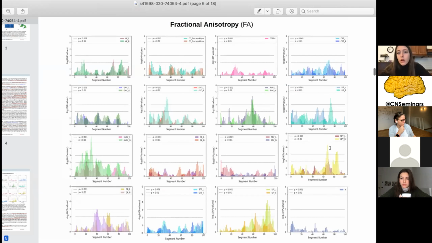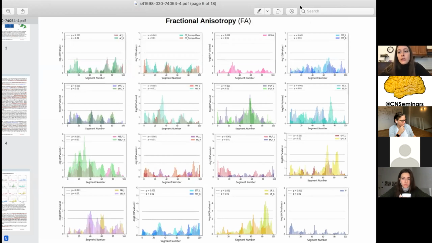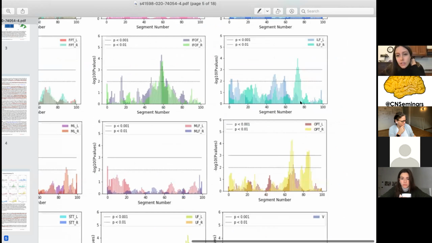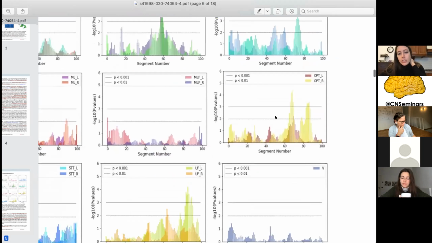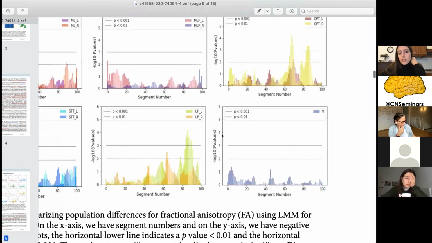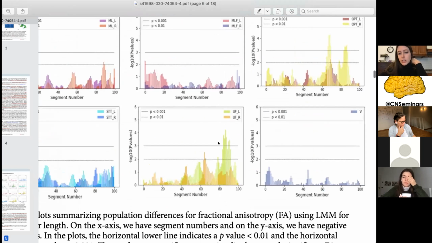For example, in the inferior longitudinal fasciculus, the two groups differ significantly in this range of nodes, for example, I don't know, it would be 75 to 78 or so. Then we have the same for other tracts, such as the uncinate fasciculus, in this case in the left hemisphere, which differs between the two populations in this range of nodes.